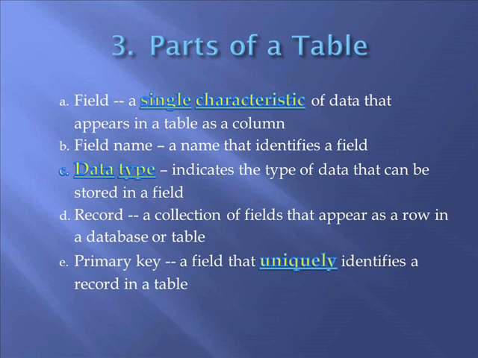If there are multiple siblings in the school, then they may all have the same contact phone number or address. Those are not good primary keys. Good primary keys are things like account numbers, social security numbers, ID numbers that are uniquely generated for each person, each record in the database.